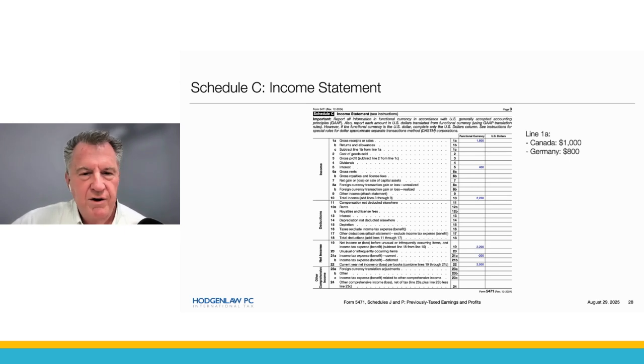Germany, there's going to be a 25% tax. And you can just look at the numbers as they flow down. I assume no dividends. You end up with $2,200 pre-tax, $200 tax at 25% on the German income, and so net profit after tax is going to be $2,000.